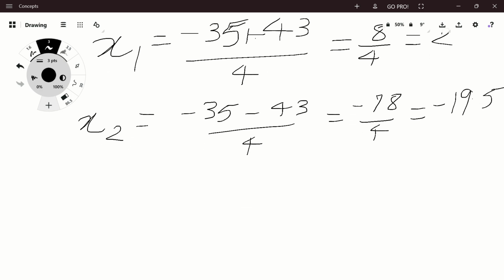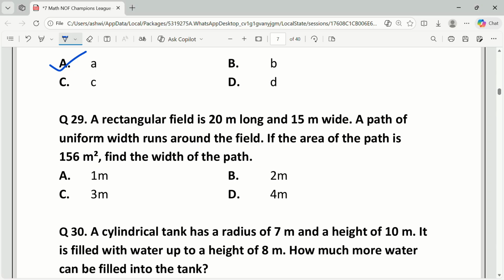Since width cannot be negative, the only valid solution for x will be 2 meters. Comparing with the options, the width of the path is B, 2 meters.